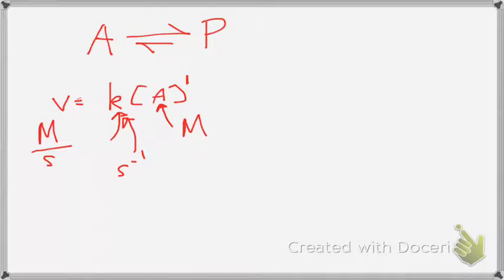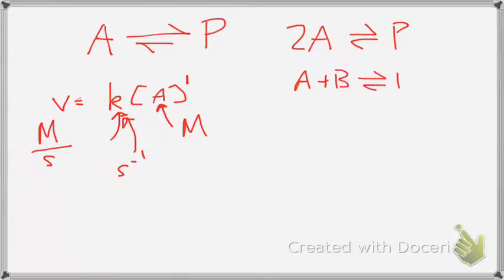A second order rate constant, there are two ways for you to have one. You could either have two A's going on to make P, because now it's second order with respect to A, because it takes two of them to make P. Or you can have A plus B goes on to make P. Both ways, you would have a second order rate constant. I'm going to just write the equation for the second one.